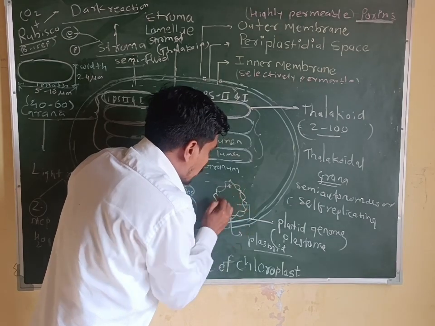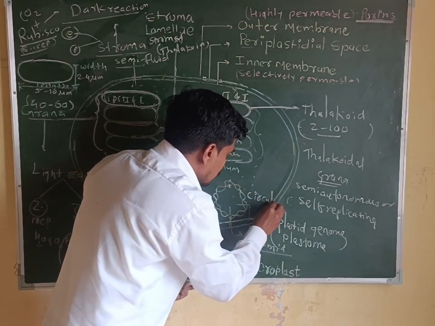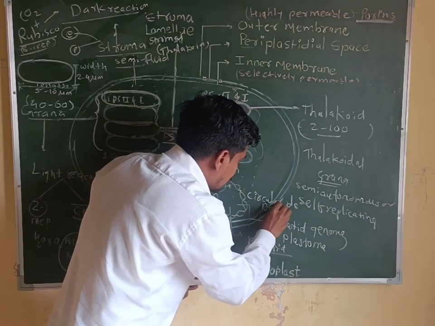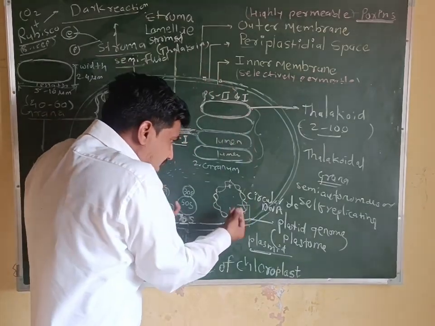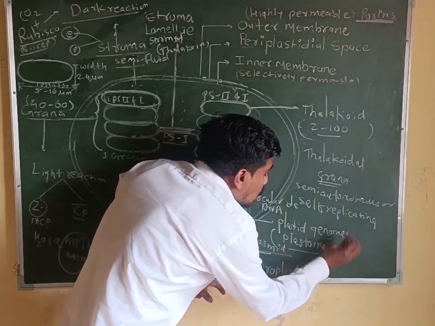We can see there is coiling of two strands. This circular double-stranded DNA is known as the plasmid, but it is present in the plastid, the chloroplast. That's why it is known as the plastid genome or plastome.